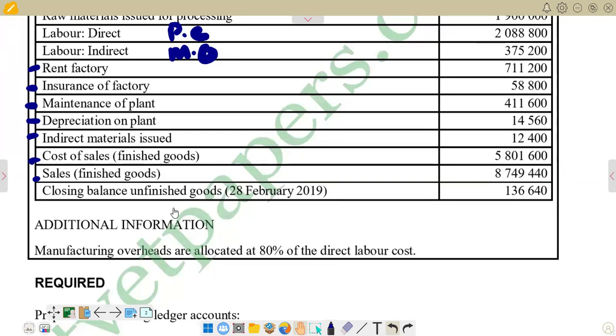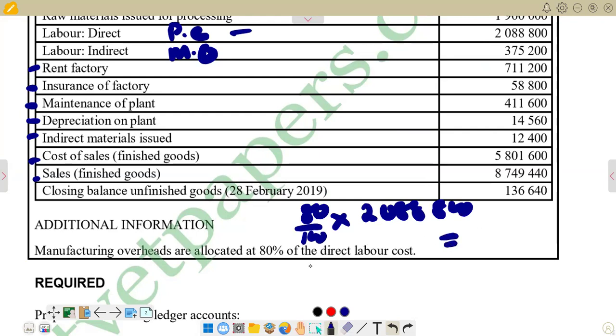So basically, you can calculate that by saying 80% is 80 over 100, which is 0.8 as a decimal. And if you check, the direct labor cost figure is here. This is 2,088,800. So the manufacturing overheads total should be 80 over 100 multiplied by 2,088,800.